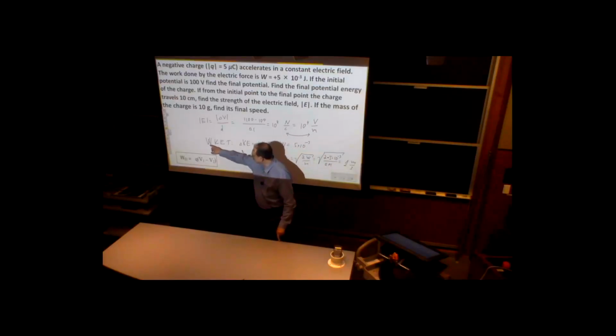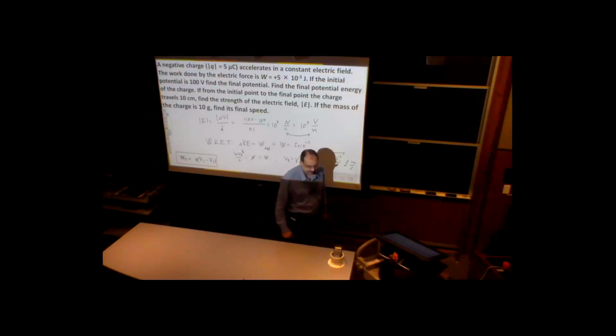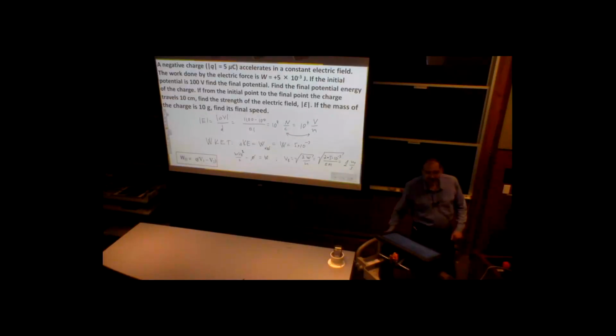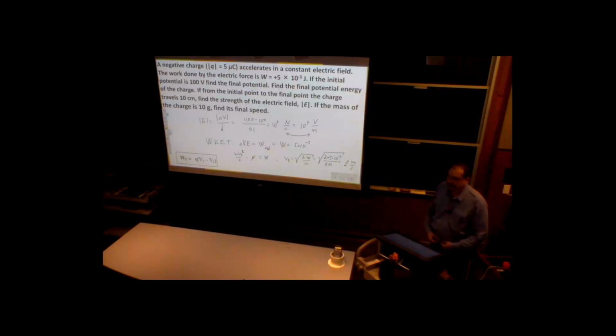This stands for work kinetic energy theorem. You should open the notes and type it in and then search for that, because this comes from PY 105. This is a relationship between kinetic energy initial, kinetic energy final, and the total work done. So you should literally search.